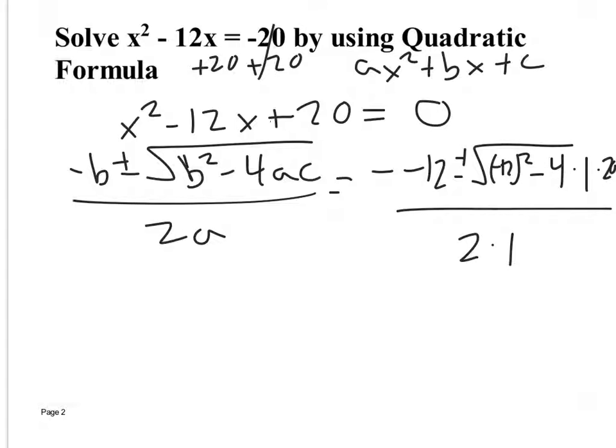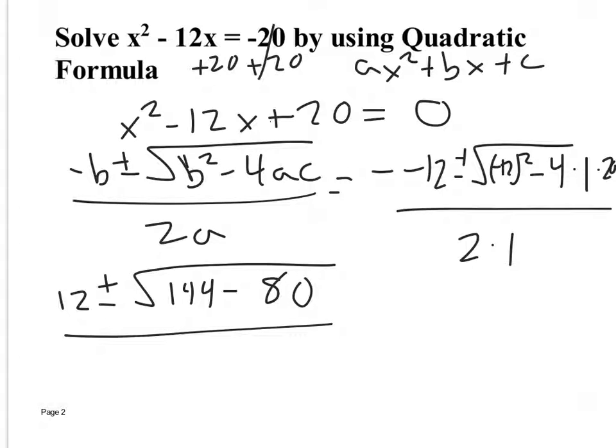So now I'm just going to simplify and work out as much as possible. Negative 12 becomes 12, plus or minus the square root of negative 12 squared. Negative 12 squared is 144, because negative 12 times negative 12 is 144. Then I subtract 4 times 1 times 20, which is 80, and I'm going to divide all that by 2.